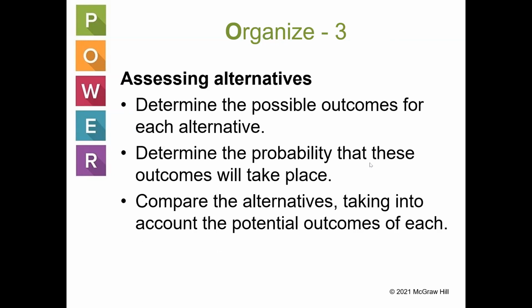In Organize we also have to assess the alternatives: determine the possible outcomes for each alternative, determine the probability that these outcomes will take place, then compare the alternatives, taking into account the potential outcome of each.